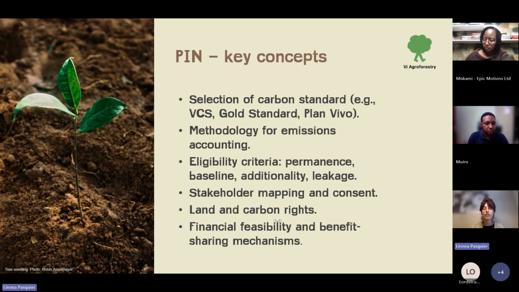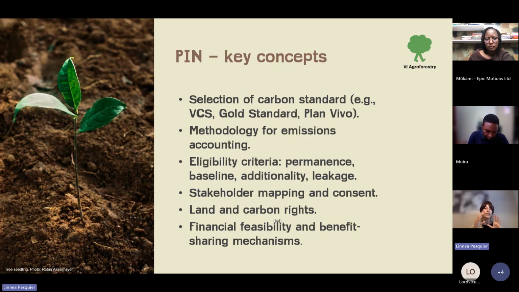And these are the key concepts that are often included in a PIN. You have to select a carbon standard, which one you will follow. The biggest one is the Verified Carbon Standard, VCS, but there are many different ones in this AFLU carbon space.